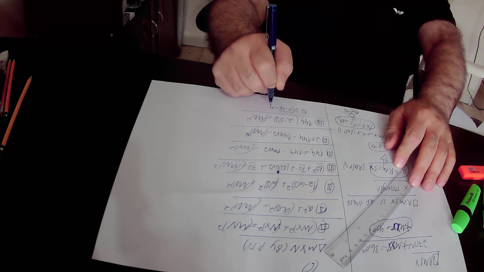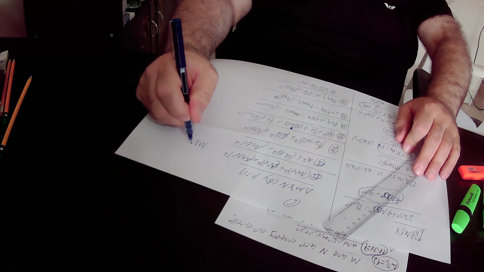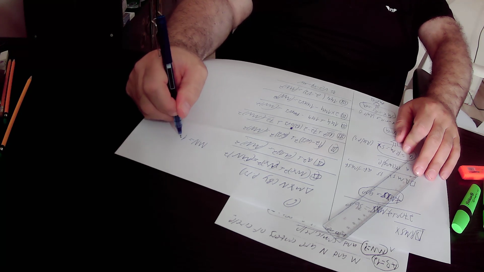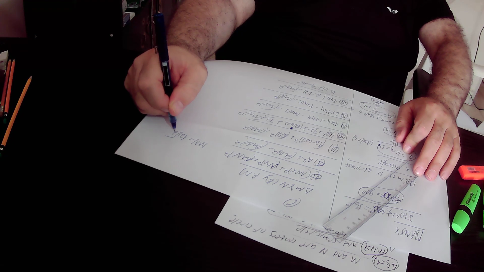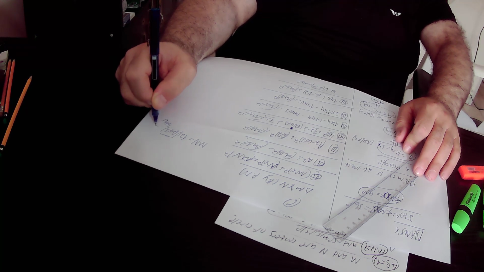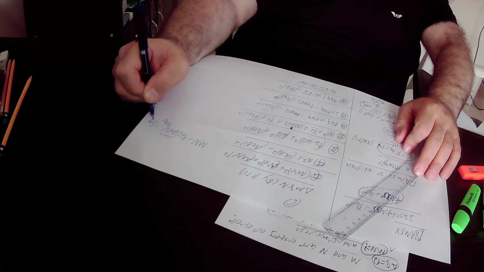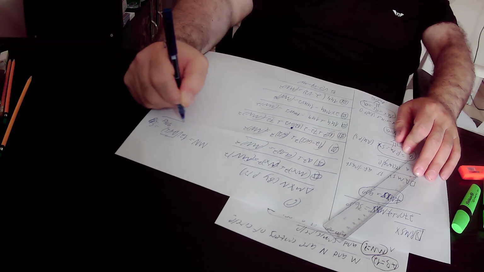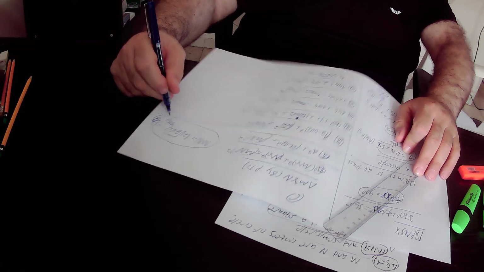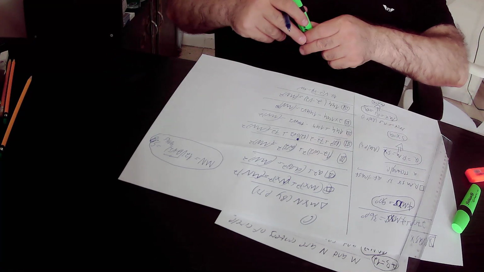So in conclusion, we found out that MN is equal to either 12 times the square root of 2 minus square root of 2 units, or in terms of numbers, is equal to 9.18 units.